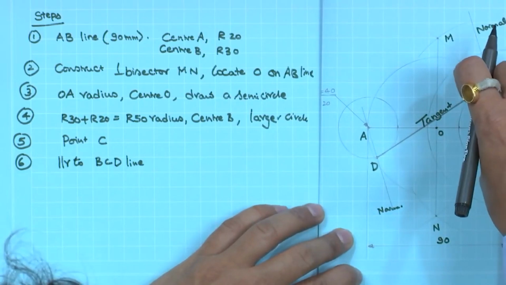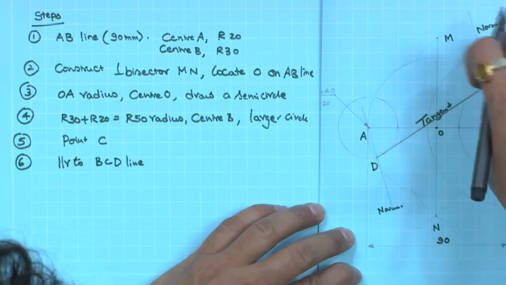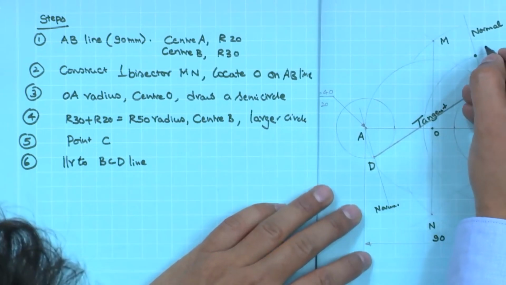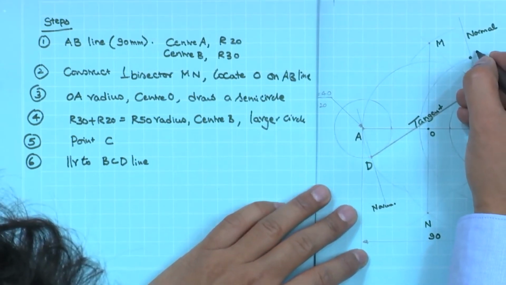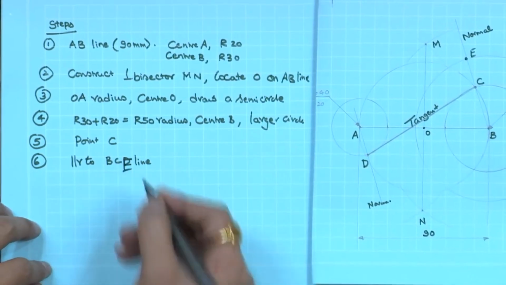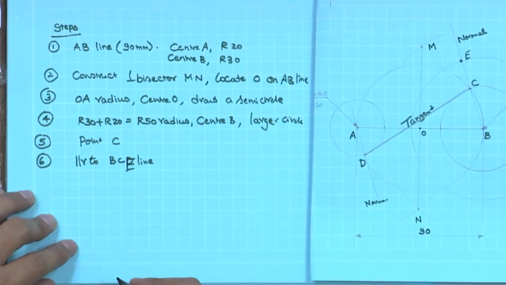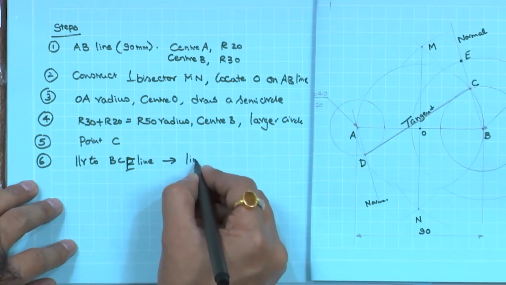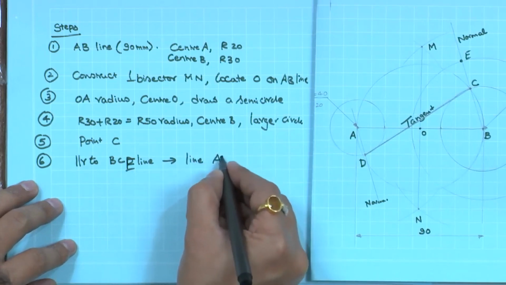So, parallel to BC, we are extending all the way to a point, let us call it E. So, BCE line, parallel to that we have to make one more line which we are calling the AD line.